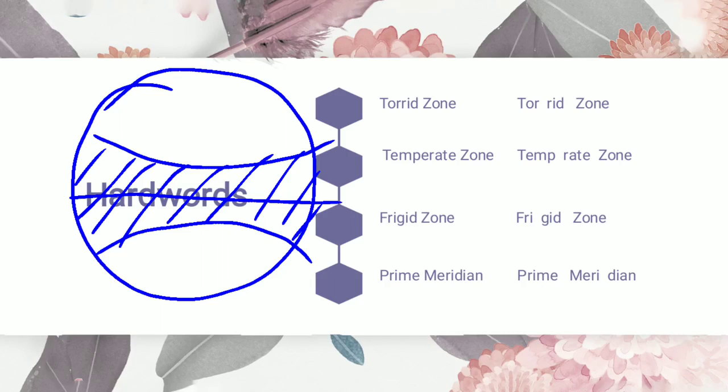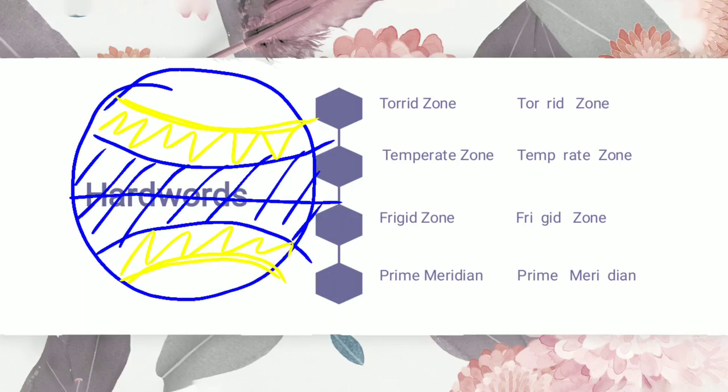Next is temperate zone. So this is the line of Arctic Circle, and that is Antarctic Circle. So this zone is called temperate zone. We will study further in the chapter.